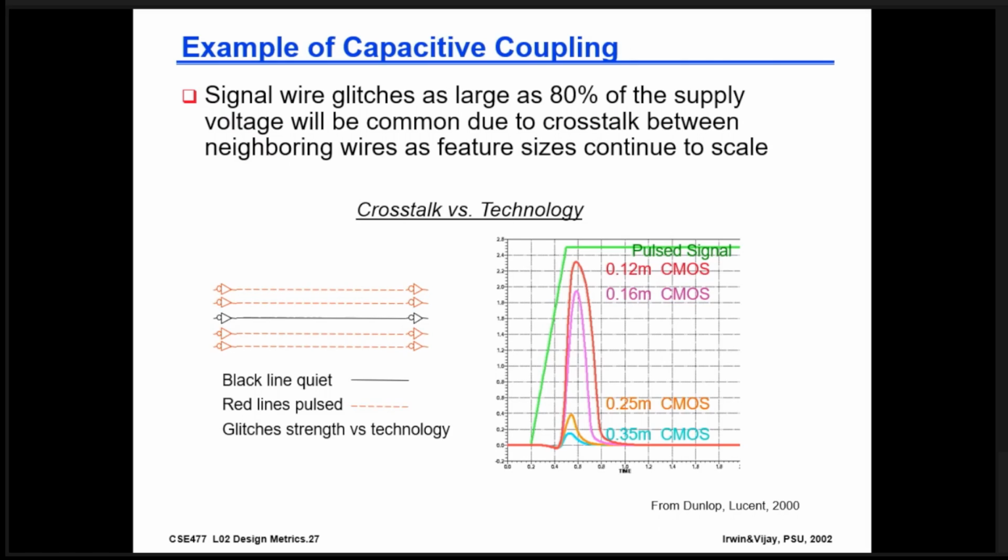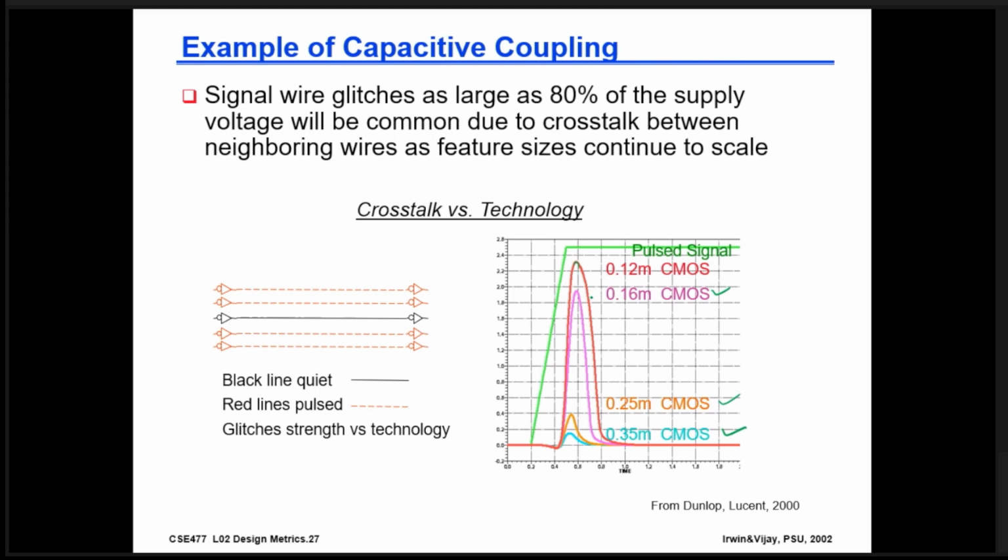Here you see technology generations. It is 0.35 micrometer CMOS, 0.25 micrometer CMOS, and this is 0.16 micrometer CMOS. So as the technology generation is scaled down, what is happening?